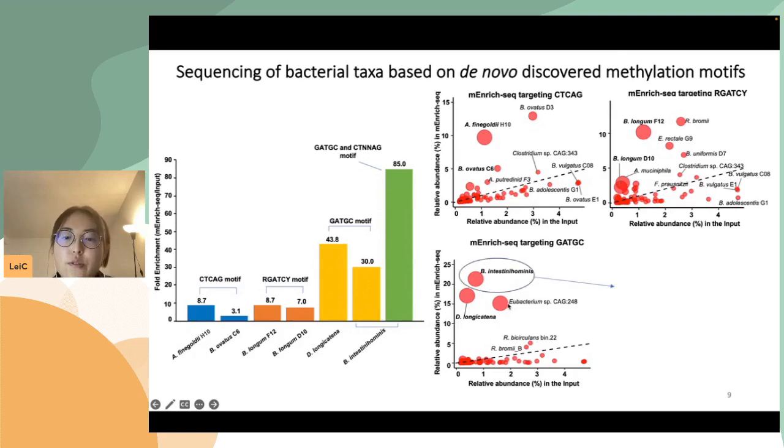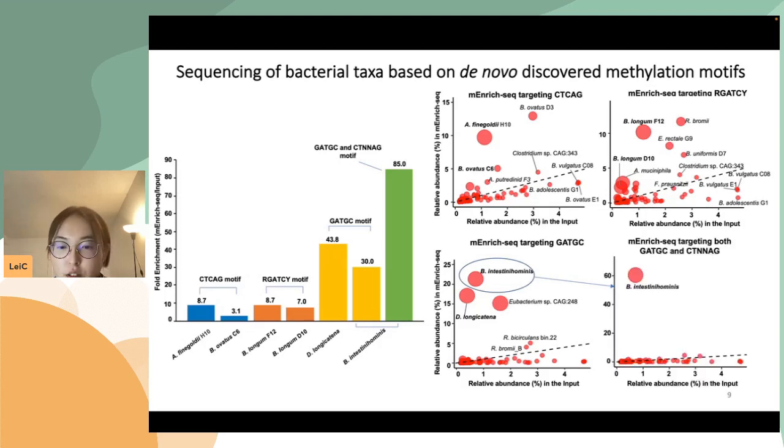And paying attention to this bacteria, it harbors 2 different methylation motifs and can be targeted by multiple REs. When using multiple REs in combination, we can significantly increase the relative abundance to 60%, with as high as 85-fold enrichment. So here's a very good example: we are targeting some bacteria of interest based on the de novo discovered methylation motifs.